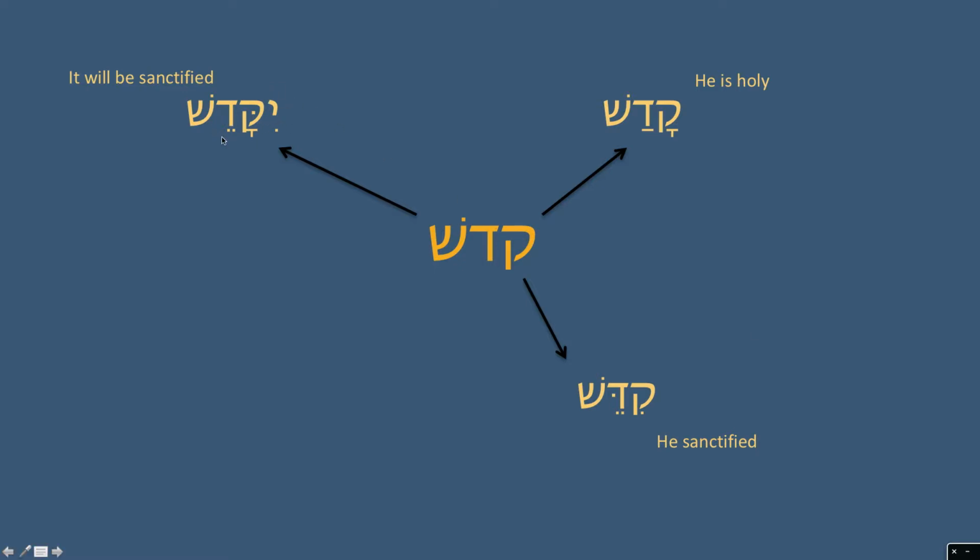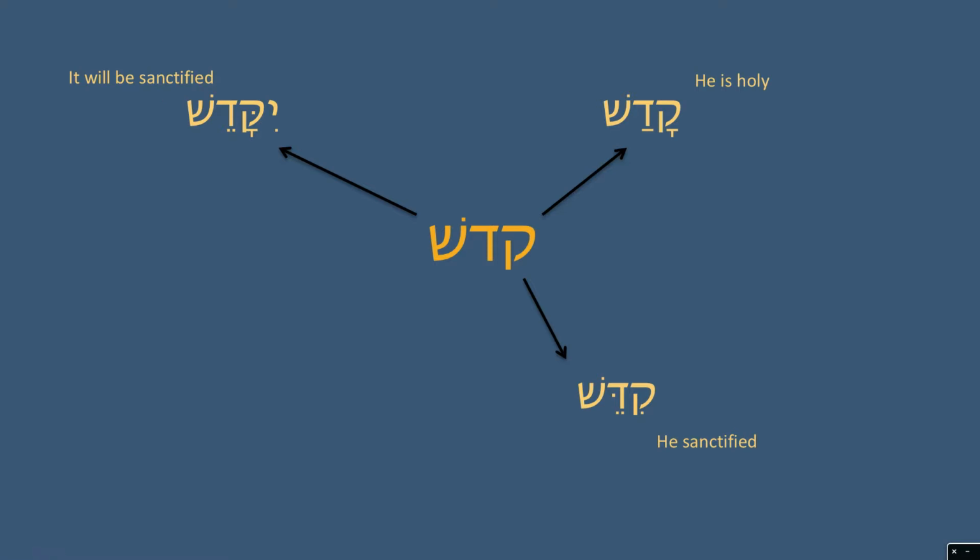You can see a different vowel pattern. And in this case, we have put a dagesh in the first letter of the root, in the kuf, as opposed to the middle letter, the daled. This form then translates as it will be sanctified, or he will be sanctified.